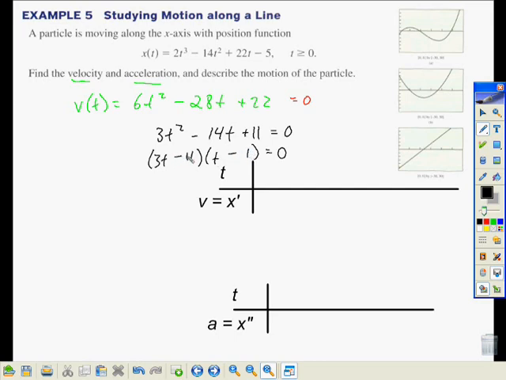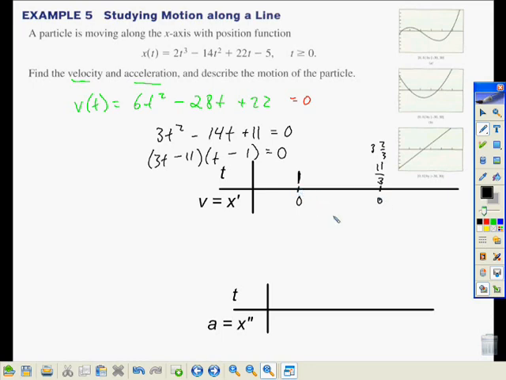And yeah, that should give me what I need. So it's happening here at t equals 1, where I'm getting a 0, and at 11 over 3, which would be about 3 2/3. I'm getting my zeros at those points.